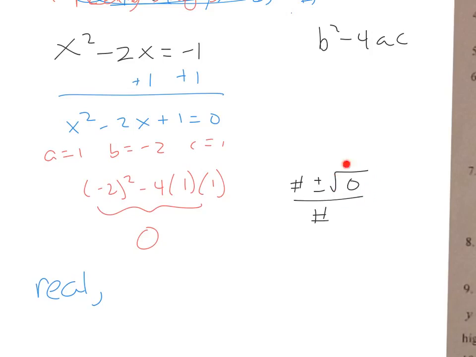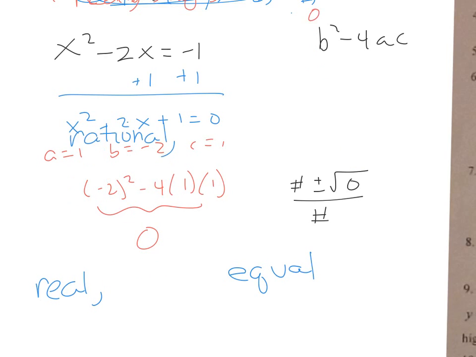If you can take the square root of 0, which you can, it's 0. That is a rational number. All right, now you're going to say to yourself, I have a number plus 0, a number minus 0. You actually get the same exact number because you're adding and subtracting 0 from the same number. That means they are equal.